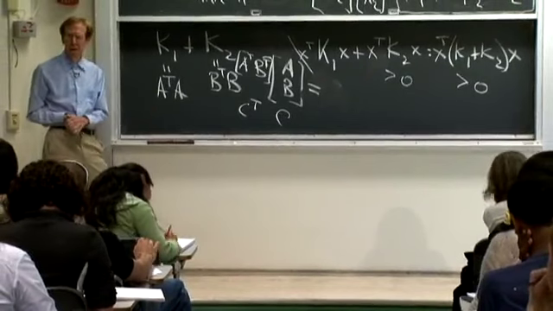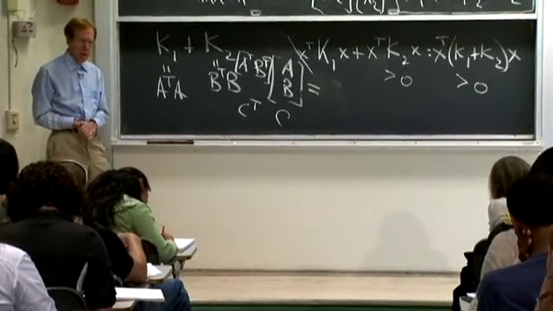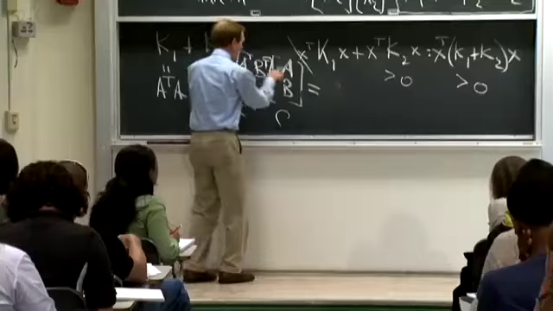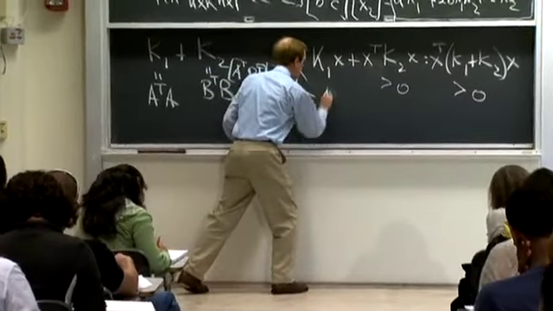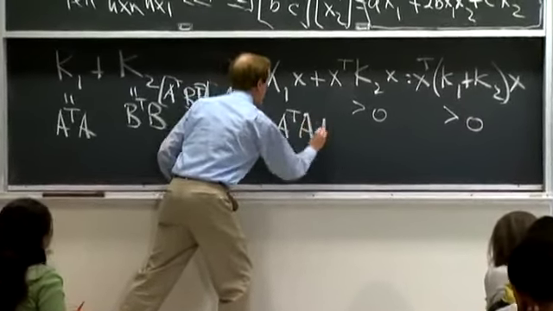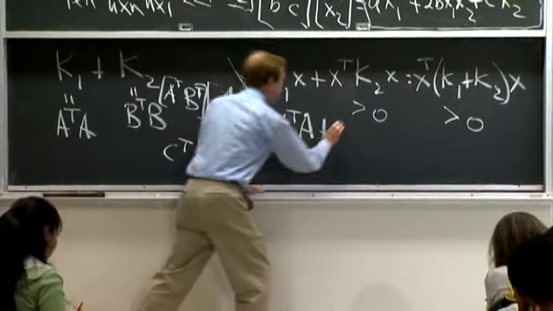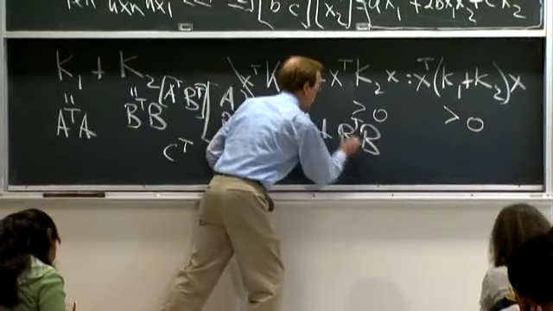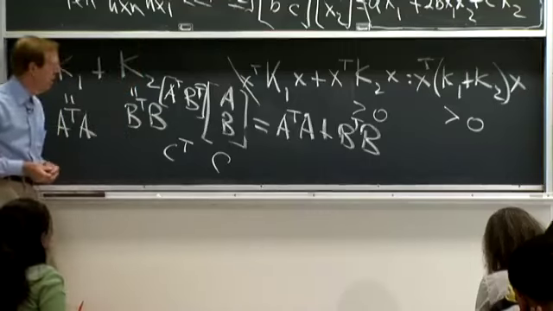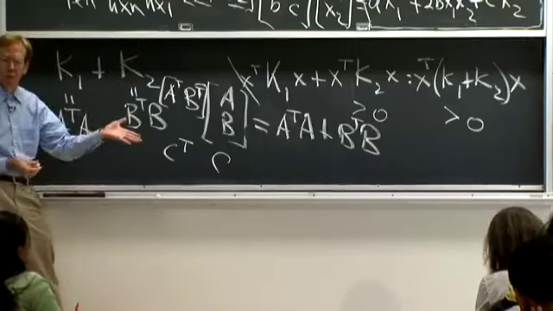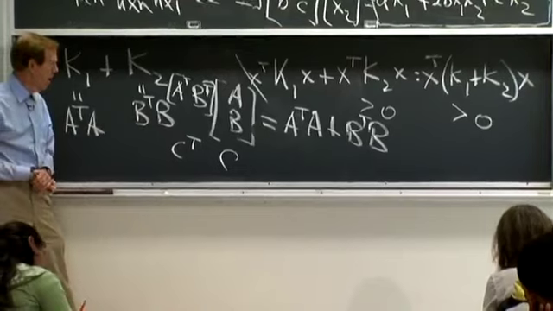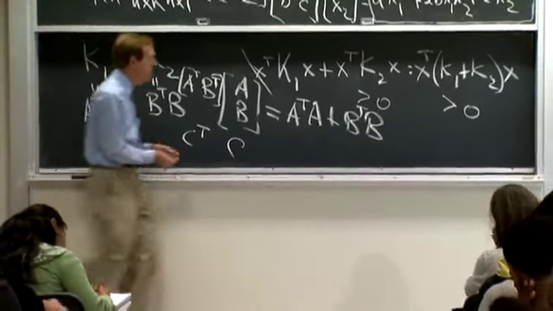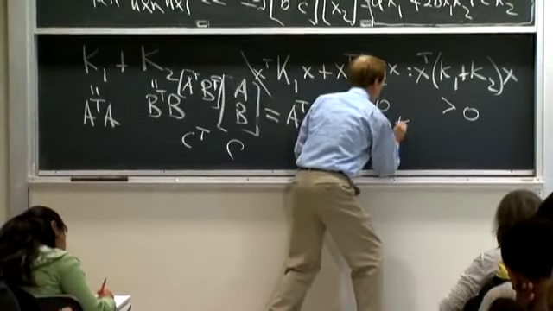Tell me the answer. A transpose, I multiply that by that, just as if they were numbers. And I add that times that, just as if they were numbers. And what do I have? I've got K1 plus K2.